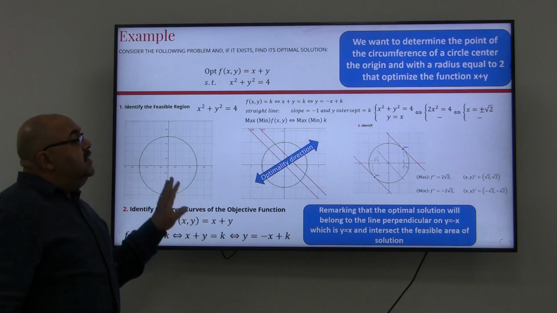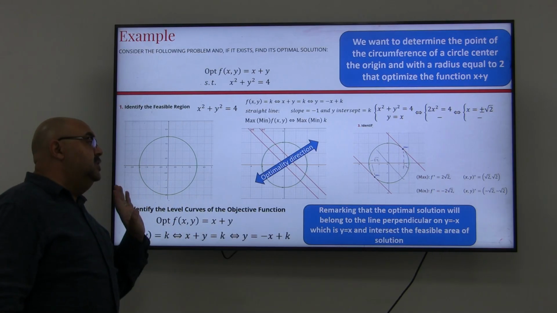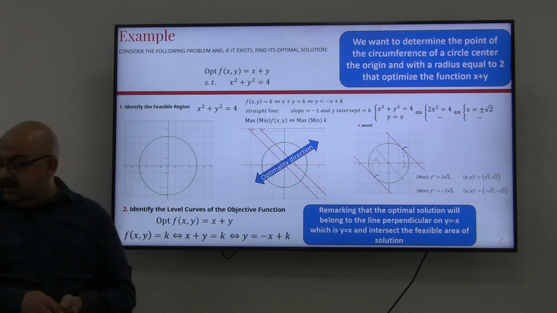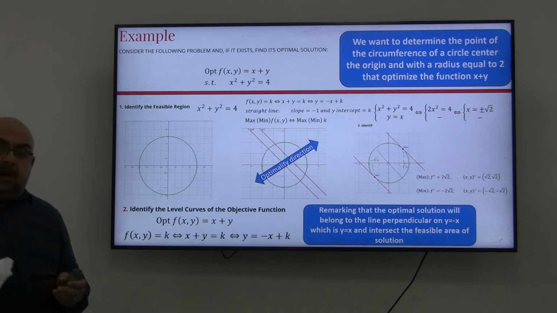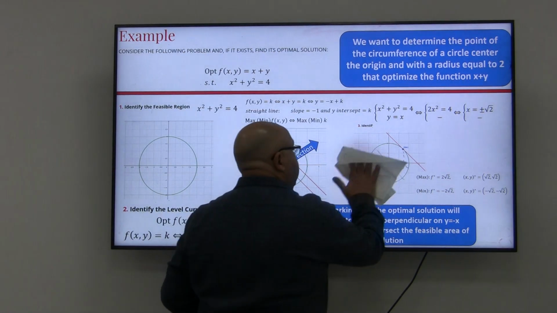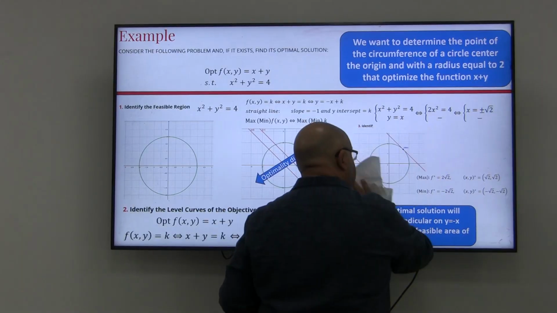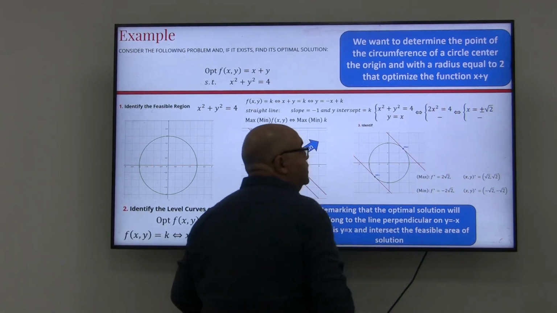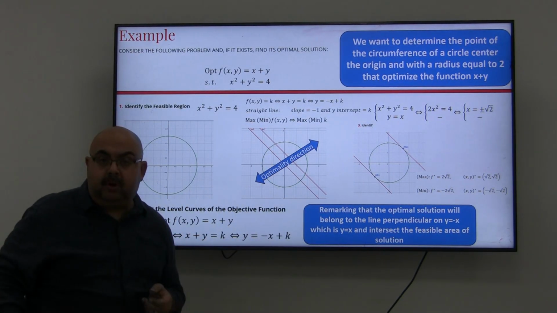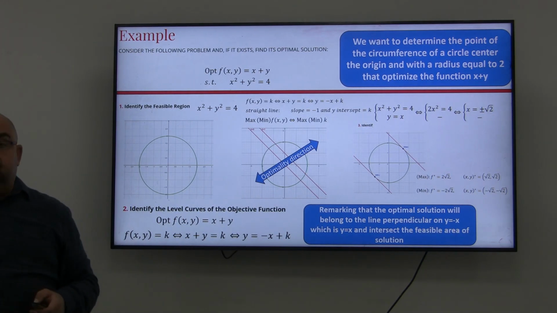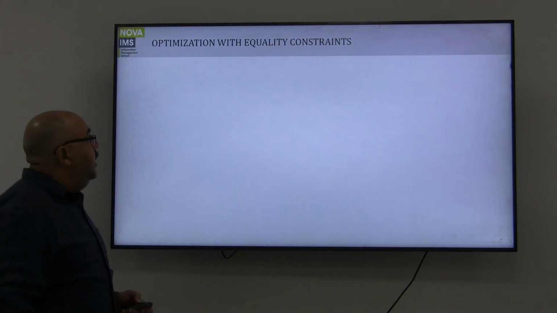As you can see, the graphical solution is very nice. It's well applied here in this problem, but it's not gonna be the case in other problems. Usually the calculus solution is more practical and more accurate.